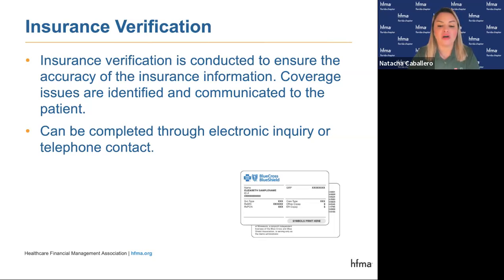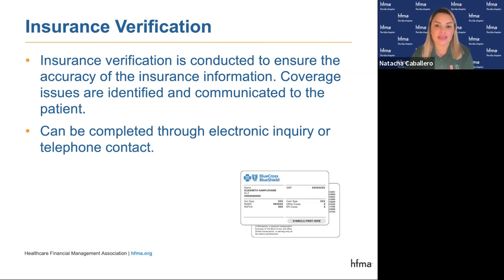Sequencing plans involved in a coordination of benefits, or COB, situation so the primary, secondary, and tertiary plans are correctly recorded and billed. Recording patients' out-of-pocket liabilities such as deductibles, coinsurances, copayments, and other coverage limitations allows for more accurate estimates of the amount the patients may owe.